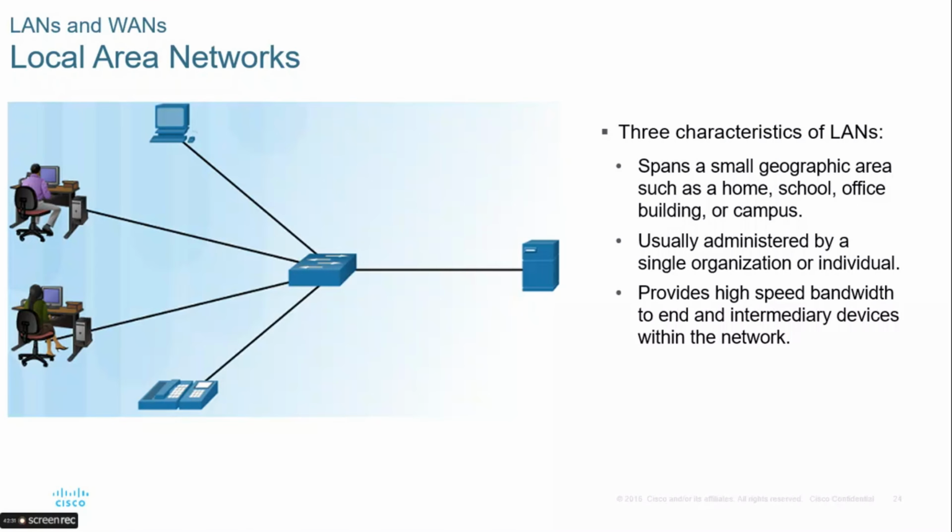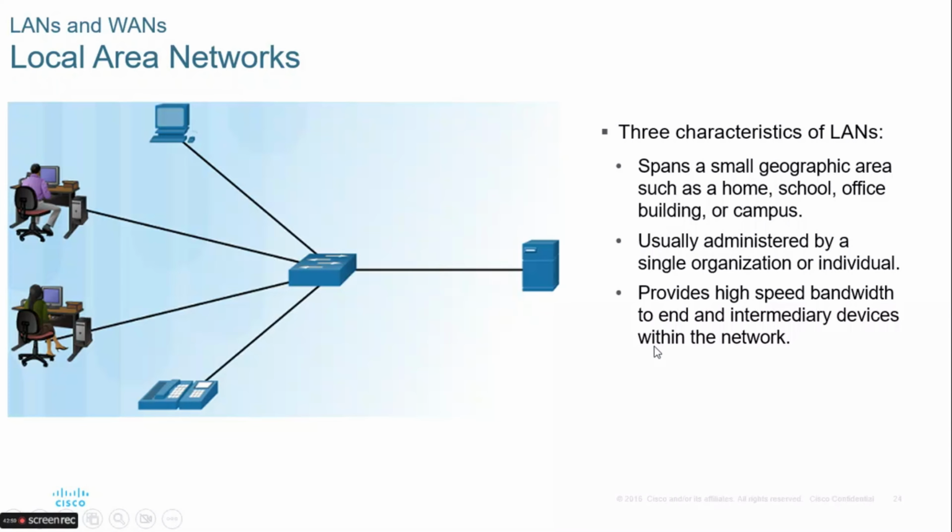You can see the picture here. This is one of the computers that has been configured to serve as a server here. Then through this switch, this can access services through this to this. So you see the characteristics: it spans a small geographical area such as a home, a school, an office or building, or a campus such as a university, usually administered by a single organization or an individual.